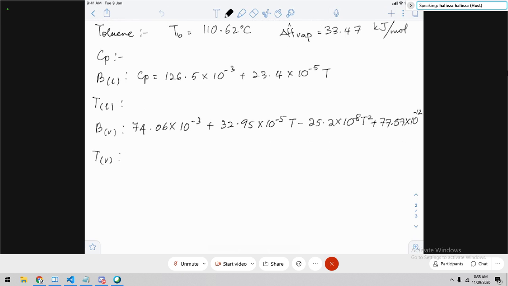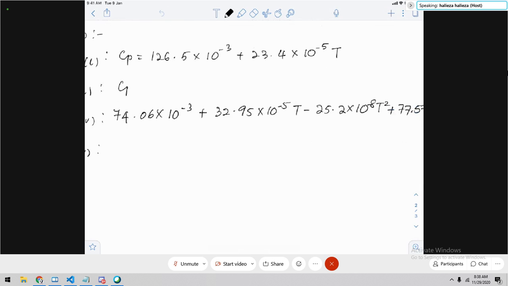For toluene, liquid, 148.8 times 10 to the power of minus 3 plus 32.4 times 10 to the power of minus 5 times the temperature. And for the vapor phase, let's see, 94.